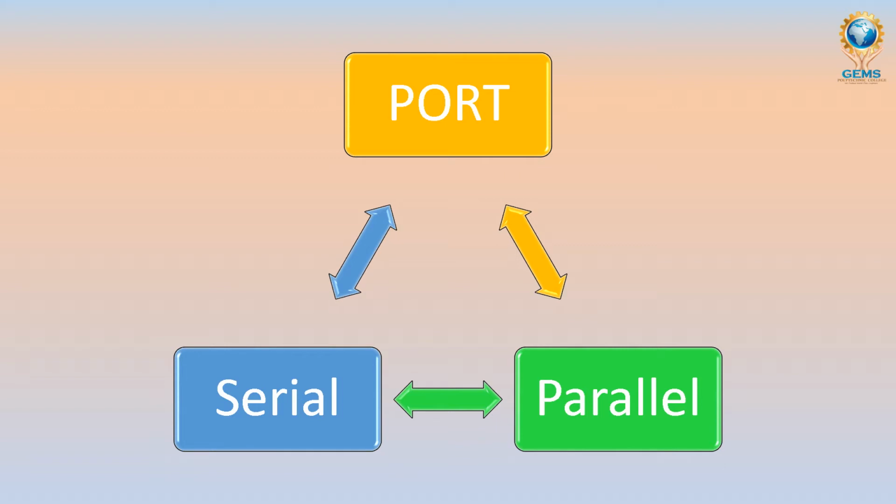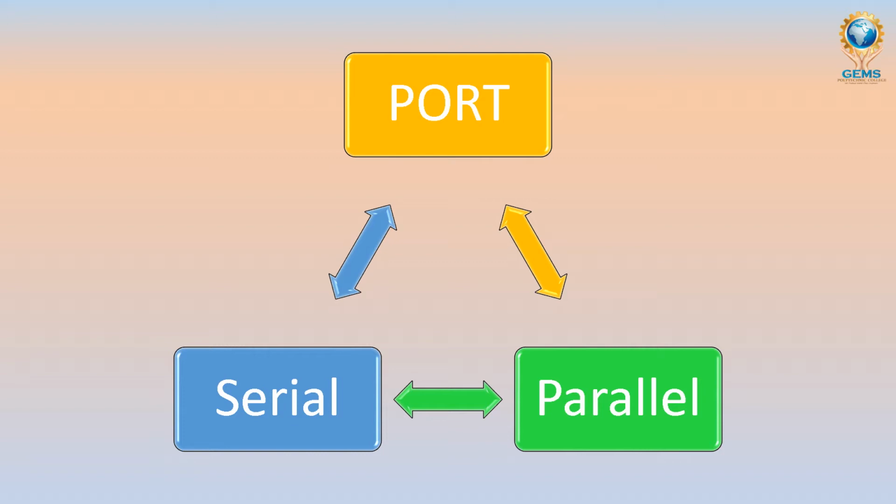Serial ports work in sequence, one after one; they can't transfer data or information at the same time to the location. When the first data has reached, the next data will go.